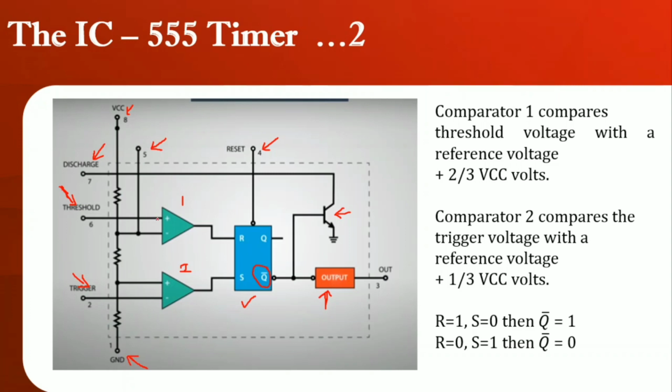So we have comparator 1 and 2. If you just look at the circuit, you have VCC, which is connected to 3 resistors. Each resistor has a resistance of R, and this is also R, and this is also R. So all 3 resistors have the resistance R. Now I'll draw the circuit.